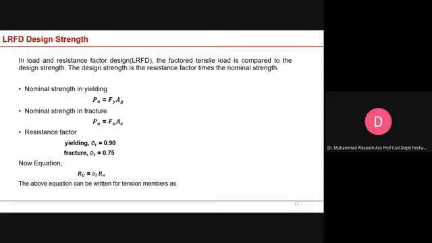Now as I told you, we started with this: the cross-sectional area of the tension member is the determinant of the strength of this tension member.